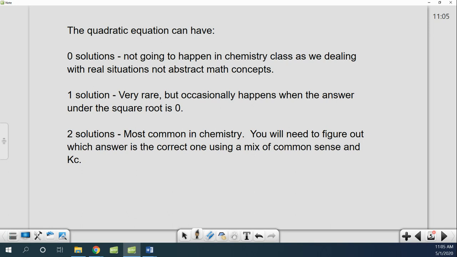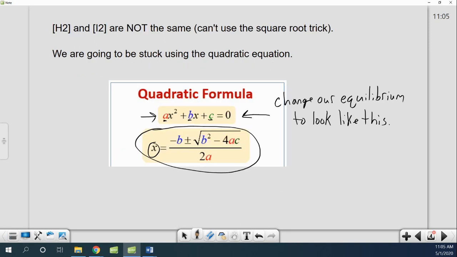First thing, a quadratic equation can have 3 possible different answers. You can either get 0 solutions, which never happens in chemistry class because we're dealing with a real situation here. It's not some abstract math thing where this simply cannot be solved. This will have an answer. The only time you get 0 solutions is if this section here equals a negative number, because you cannot square root a negative number.